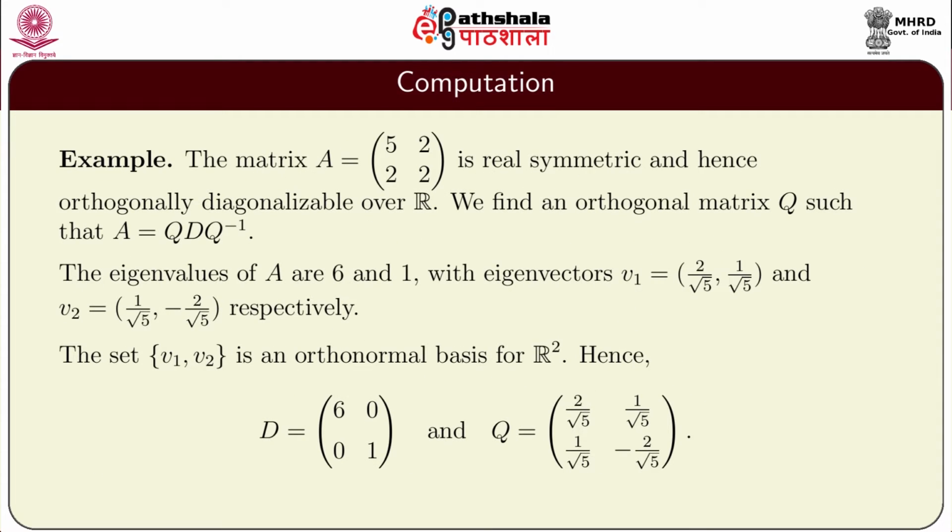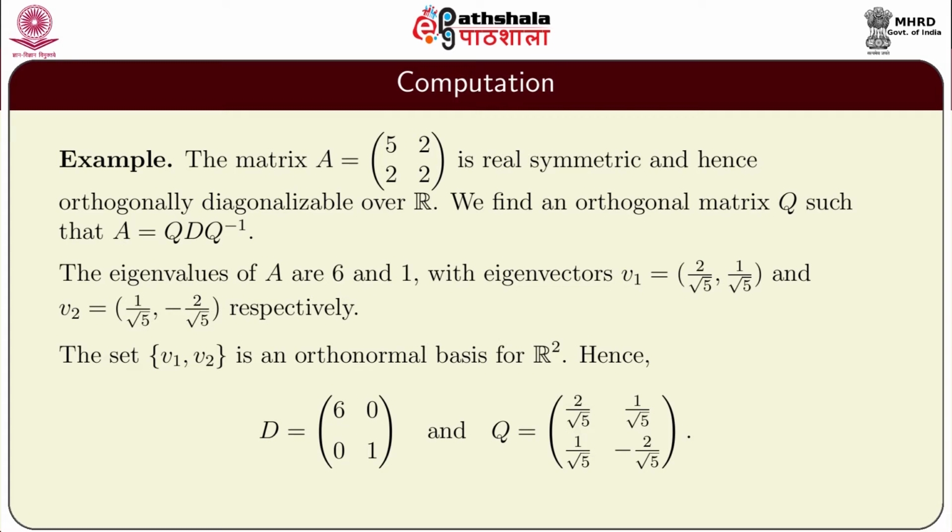Example: the matrix A, which is a 2 cross 2 matrix, first row is 5 2 and second row is 2 2. This is again real symmetric and hence orthogonally diagonalizable over R. We find an orthogonal matrix Q such that A is Q D Q inverse.